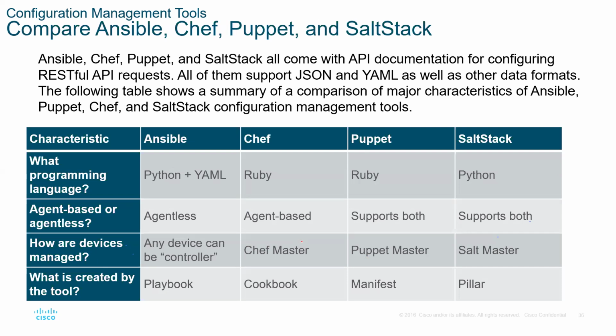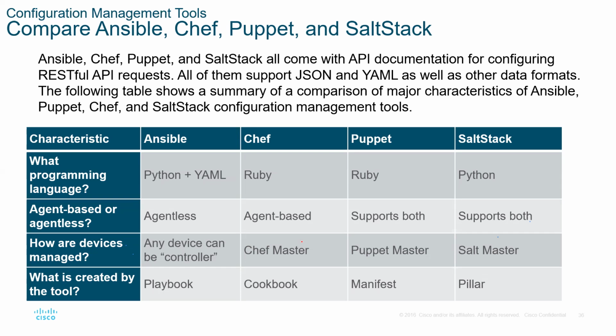Starting with the programming language, Ansible using Python, SaltStack as well using Python, Chef and Puppet using Ruby, right? Agent-based or agentless. Ansible is agentless, Puppet and SaltStack supporting both. When you talk of agent-based or agentless, what's that?